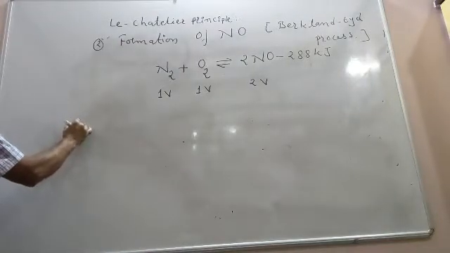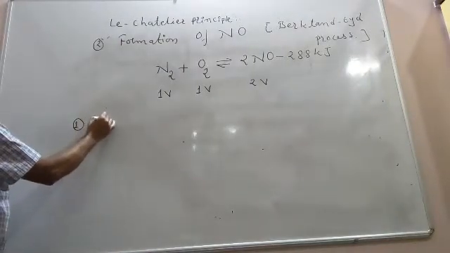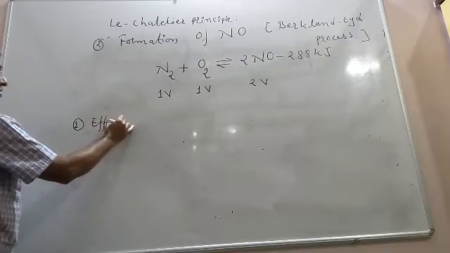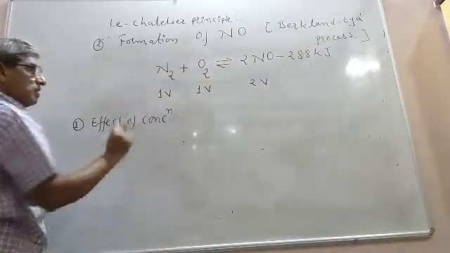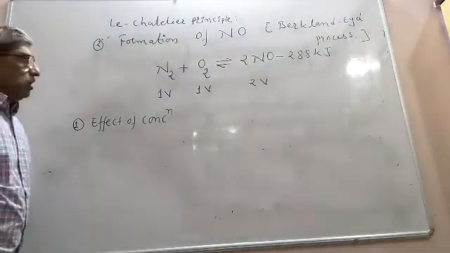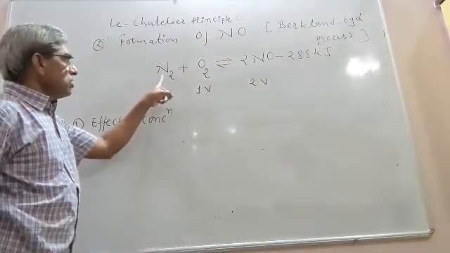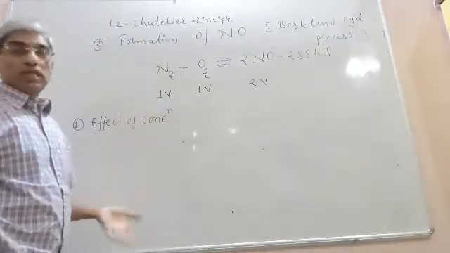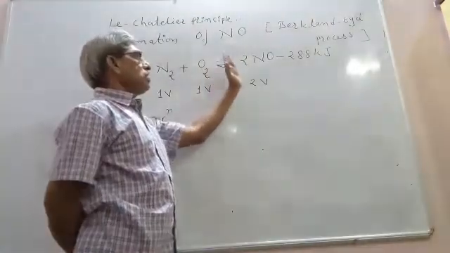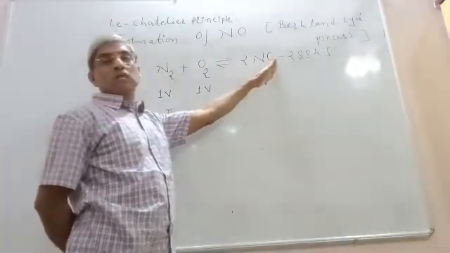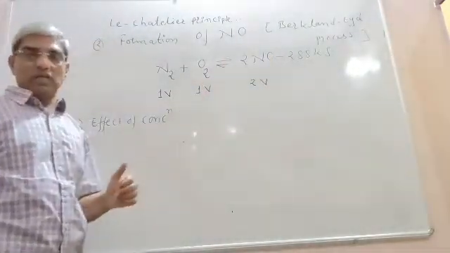First, if we consider the effect of concentration, simple point: as the concentration of N2 or O2 increases, then equilibrium shifts towards NO and more amount of NO is obtained.